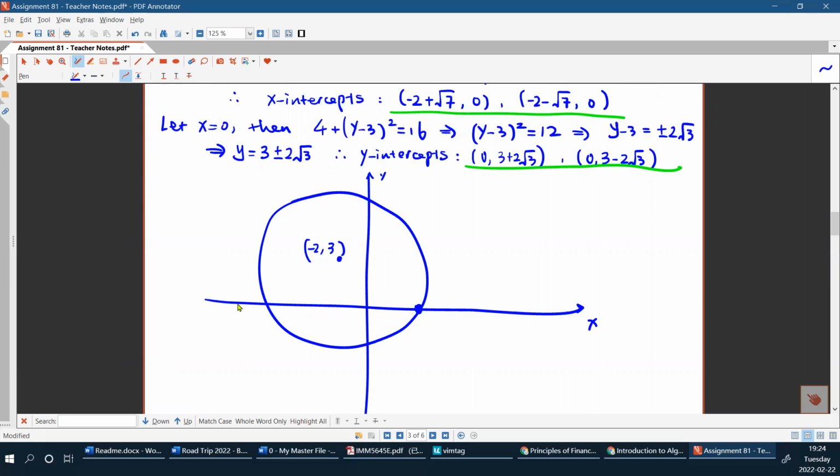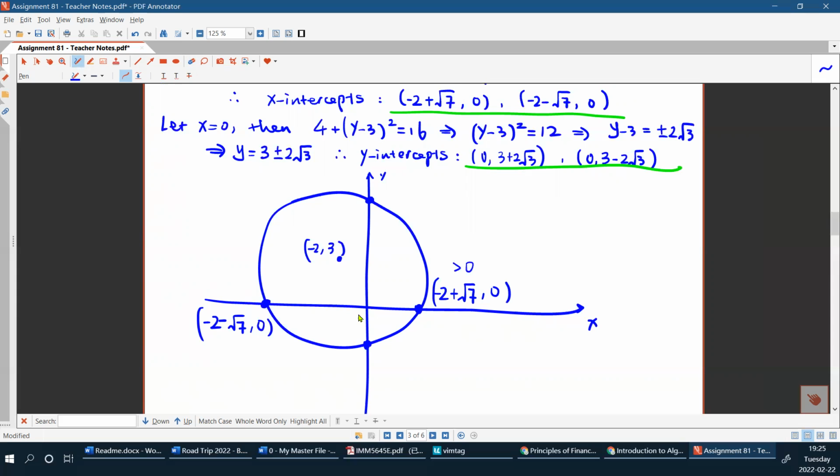And these are the x-intercepts, and these are the y-intercepts. Let's label them on the graph. X-intercepts: (-2 minus square root of 7, 0), and, oh sorry, this should be negative here. The other one is (-2 plus square root of 7, 0), which is apparently greater than 0.